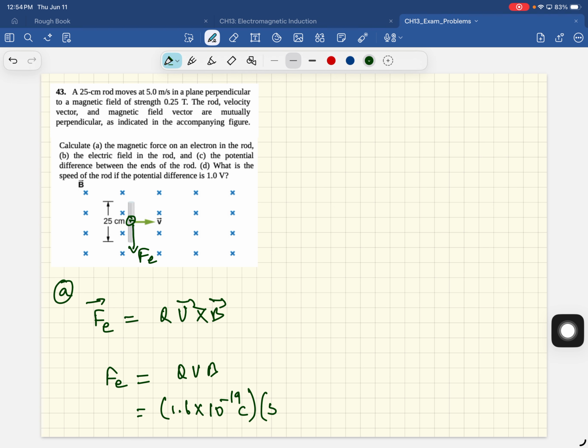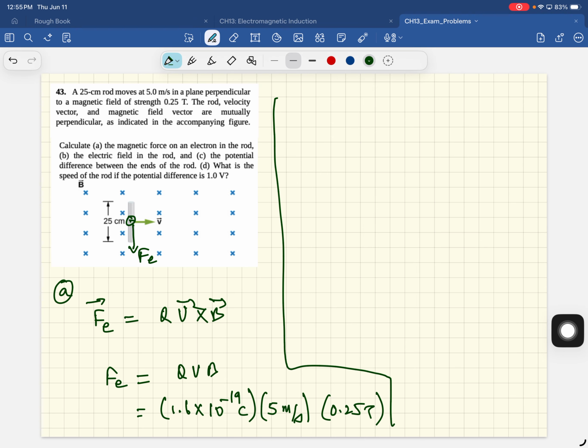And then what is the speed of the rod if the potential difference is 1 volt? So the greater the potential difference, the faster you need to move. Okay, so at 5 meters per second, you got a third of a volt.